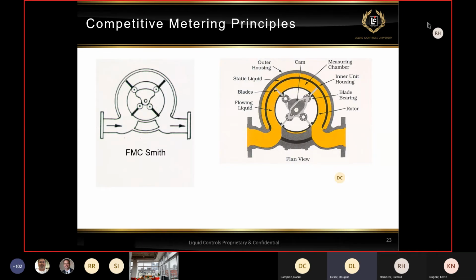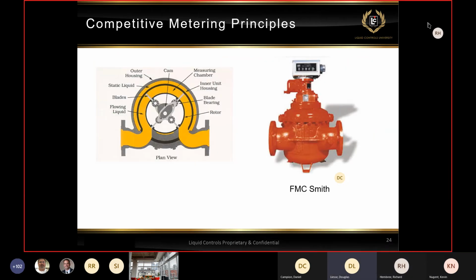Another metering principle is a sliding vane that comes from FMC Smith. Again, this is looking down from the top of the meter into the metering chamber. This is their typical G series meter to the right, but the principle is the same.